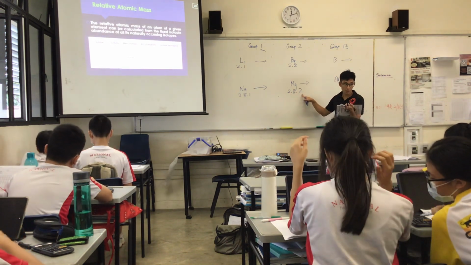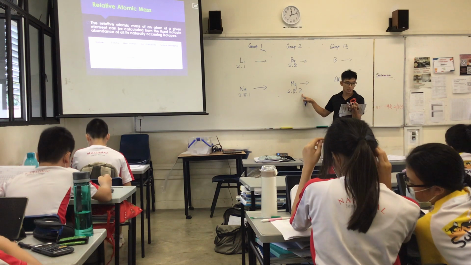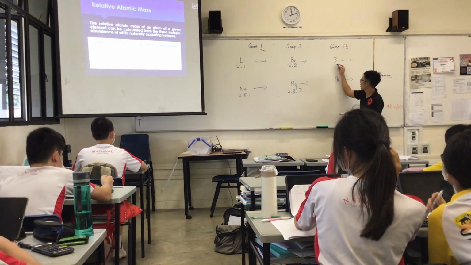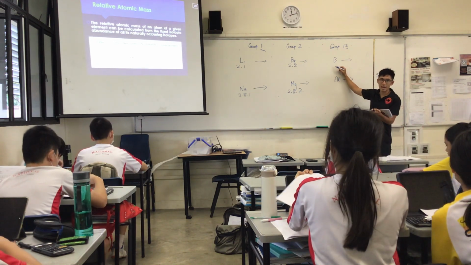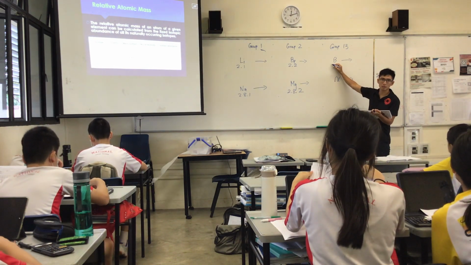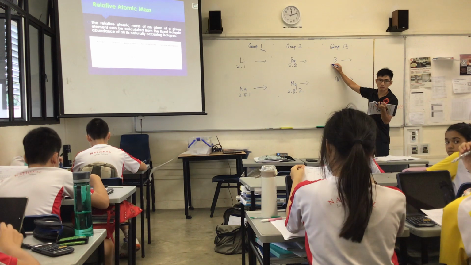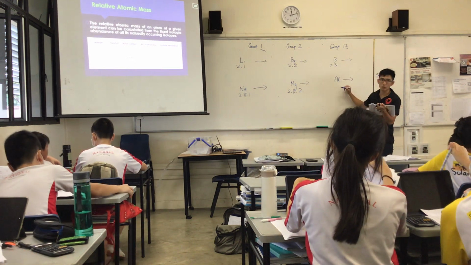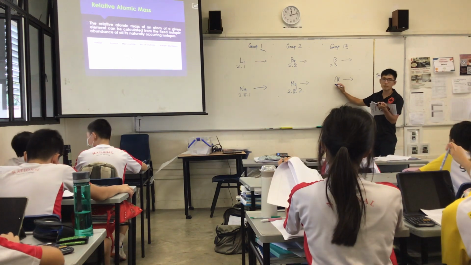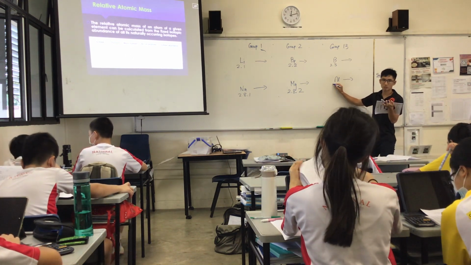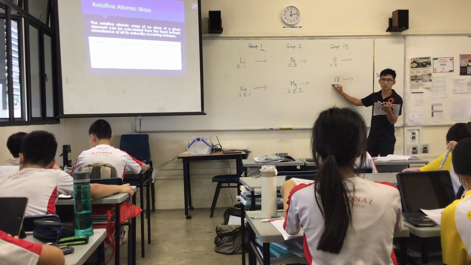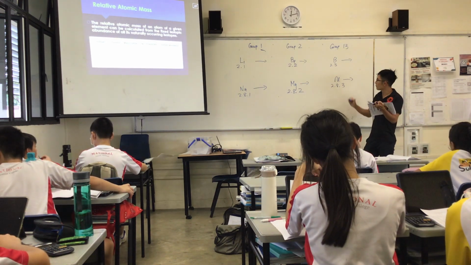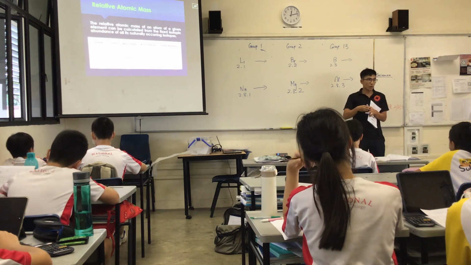Plus 2, 12 electrons. Yeah, matches with the number of protons. Okay, next one. Yen? Boron? 2.3. Thank you. Megan, for aluminium? 2.8.3. Okay, very good. This is what we've learned so far.